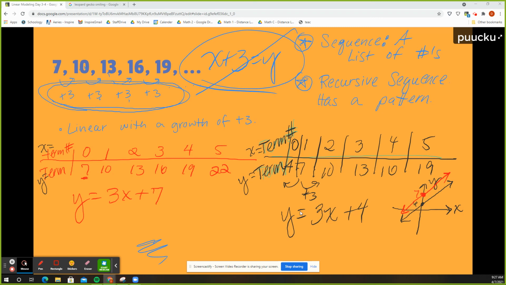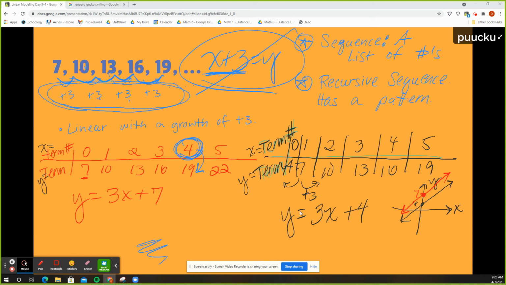Because if x is the term number, what's 4 plus 3? Is it 19? Do you follow what I'm saying? Am I talking too fast? Okay. It's hard to know sometimes. You can totally interrupt me. If I say x plus 3, this person is thinking recursively. They're thinking about how to get from one y to the next.